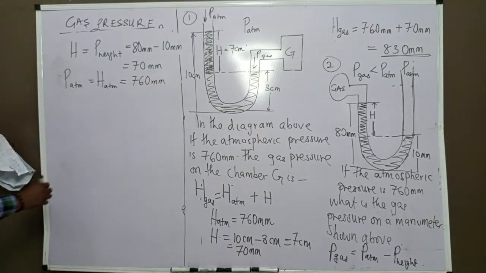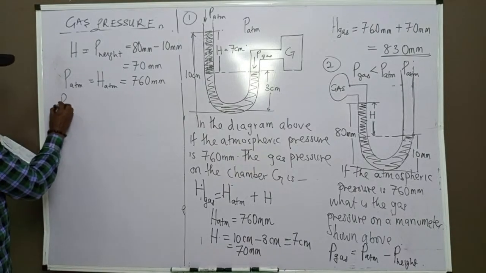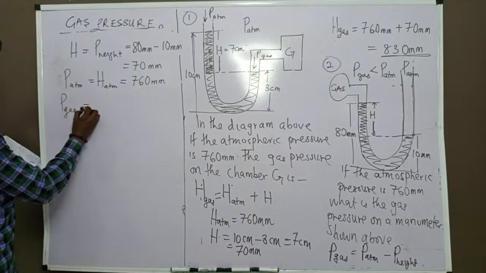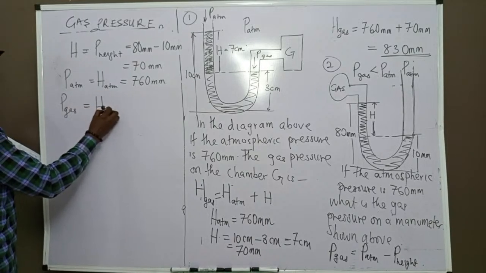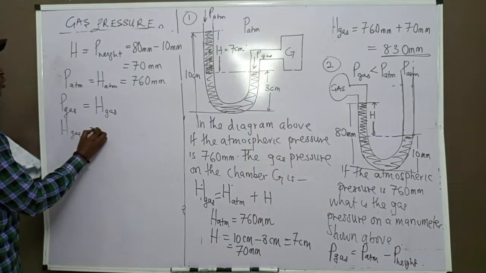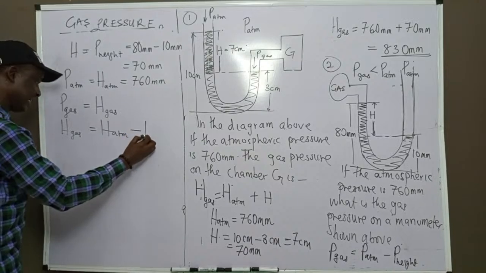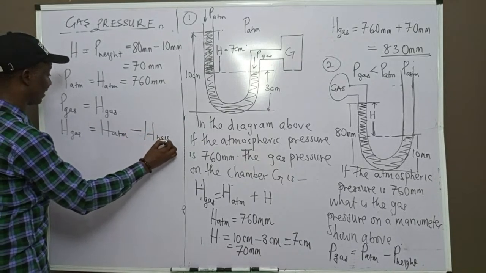After we have been given that, let's calculate the gas pressure. The gas pressure, H of the gas, is equal to H of the atmosphere minus H due to the height.